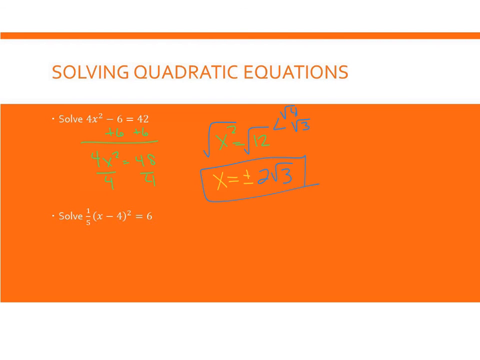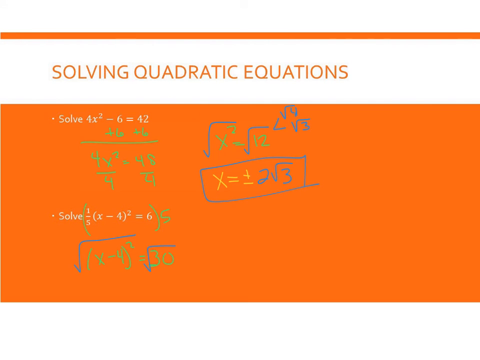And our other one here, 1/5 times the quantity x minus 4 all squared equals 6. First thing we're going to do is multiply the whole equation by 5. That's going to cancel our 1/5 on this side and gives us a 30. Do not do anything else with that squared. From here, square root both sides.